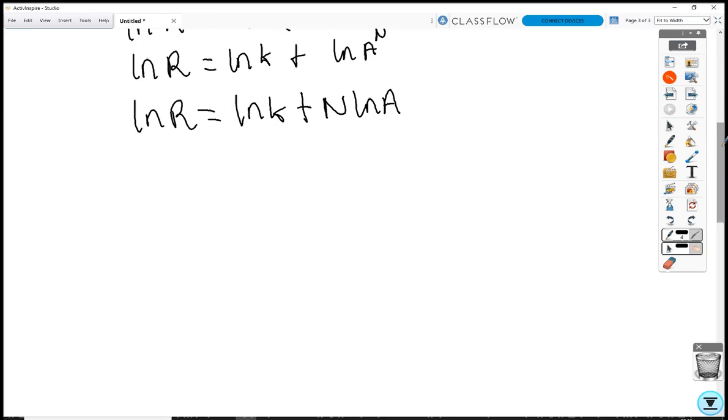So you do this for a few different elements or a few different isotopes where A, the nucleon number, is different. And after you've done this several times, you get some data. You put it into a table so you can see all your different data have been logged. Then you plot a graph. So I do y equals mx plus c.